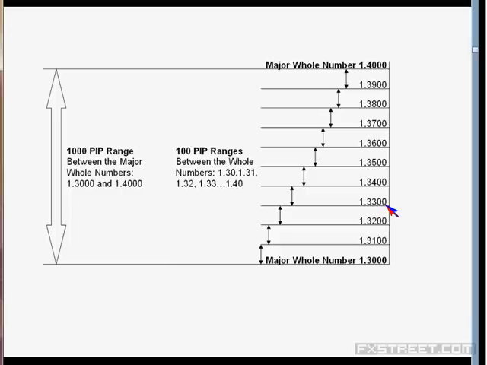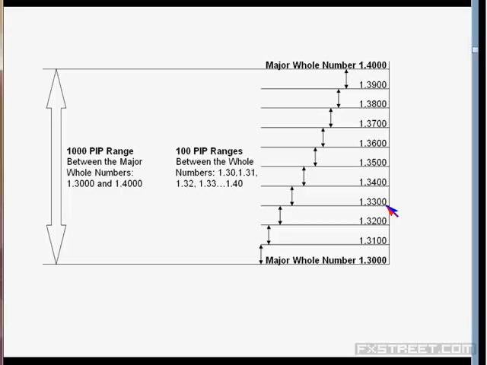Increments of 1 unit, whether that is 1 cent, 1 penny, 1 centime, 1 yen, etc., equal 100 pips. That is another very clearly defined, established range of 100 pips separating each two whole numbers.